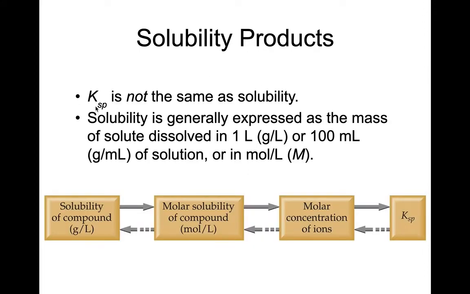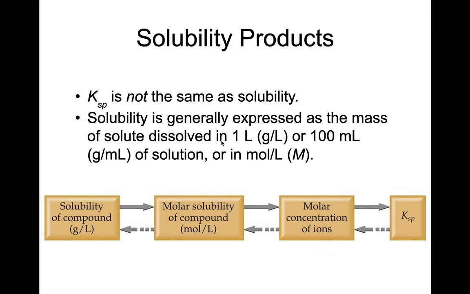Now, an important distinction, KSP is not the same as solubility. It's a solubility product constant. The solubility is the mass that is able to be dissolved. It's the possible mass we can dissolve in a certain amount of solvent.